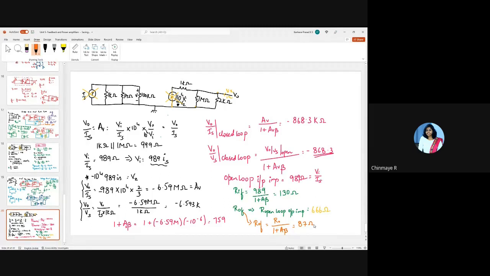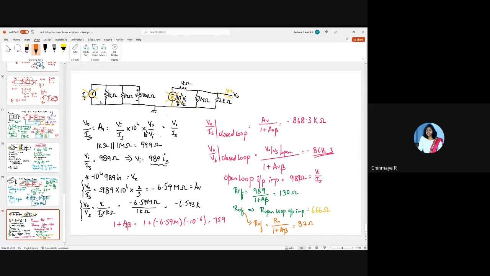Okay. So now suppose if we consider 1K as the source resistance, then when we are trying to find out the actual input impedance, we should not take that into consideration, right?